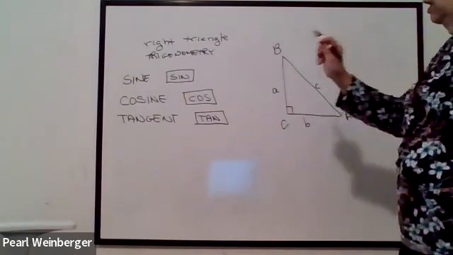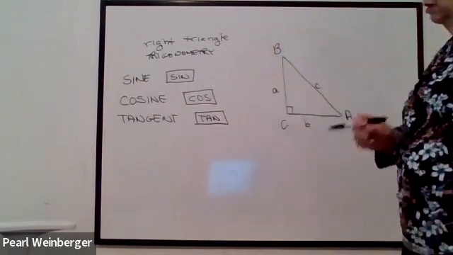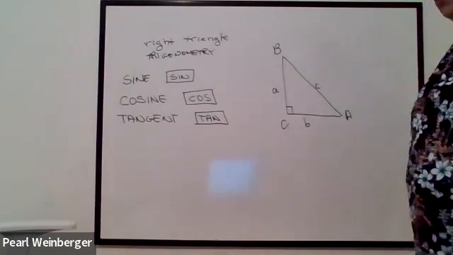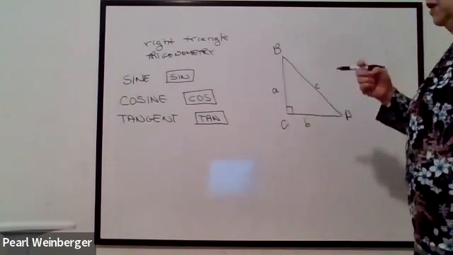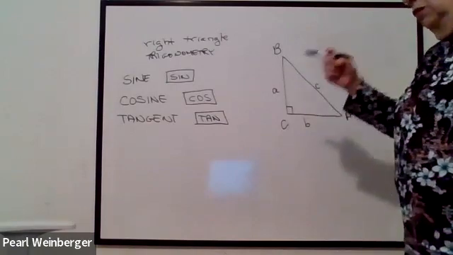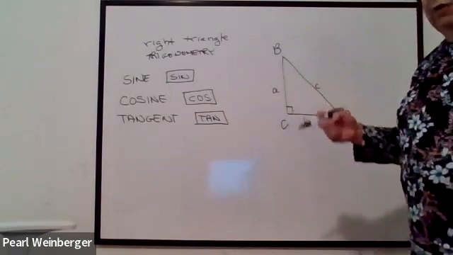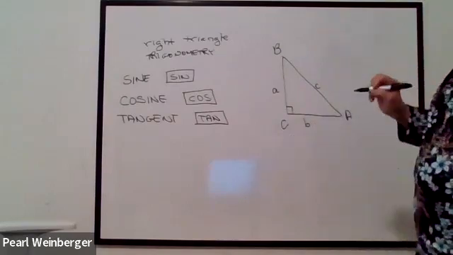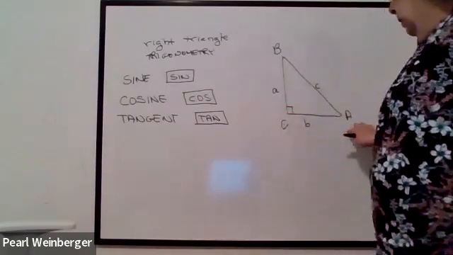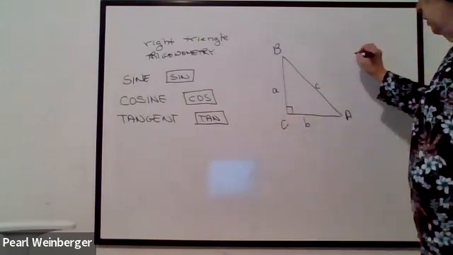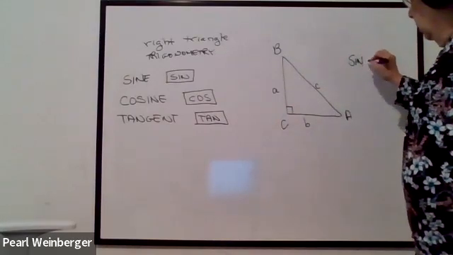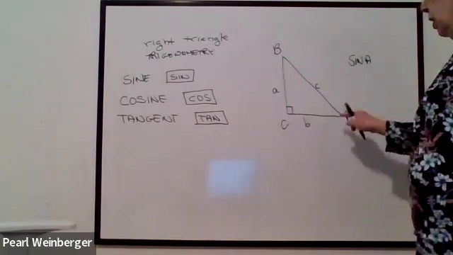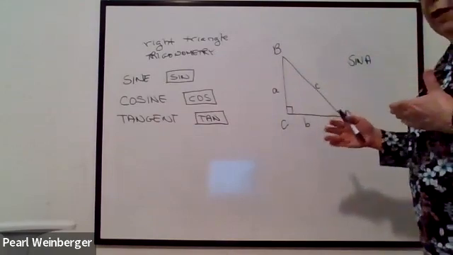Now, each one of these trigonometric numbers, I'm going to call them trigonometric functions, represents the ratio, the fraction you get by dividing 2 sides of the right triangle. Let's say I want to find the sine, we always have to look at it relative to the angle that we're talking about.